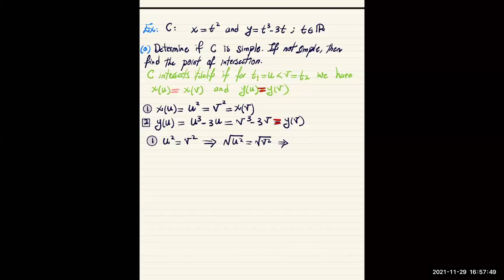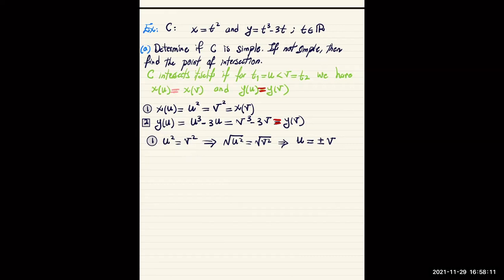Okay, you get a plus or a minus. Remember quadratic? When you take square root, you get a plus or minus. So we get u equal to plus or minus v. u equal to v and u equal to negative v both satisfy this equation. Square both, you're going to get them equal.